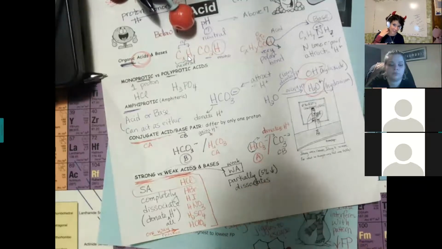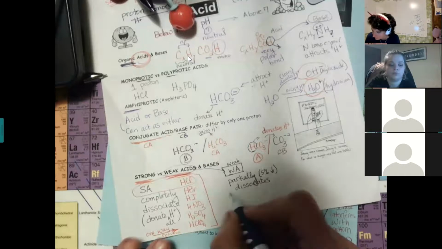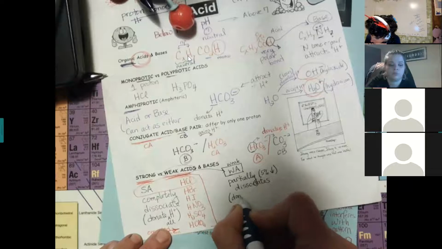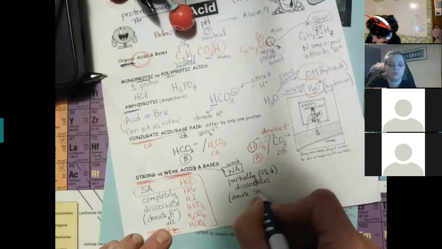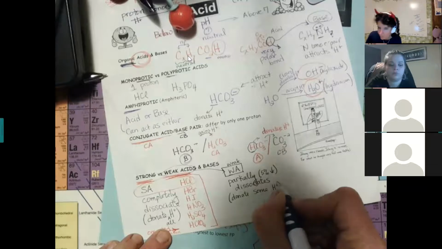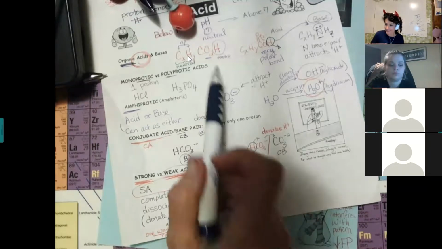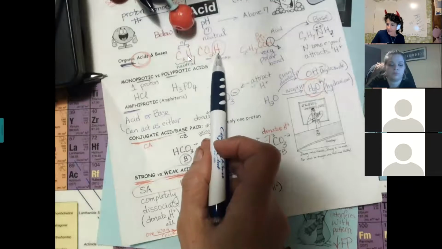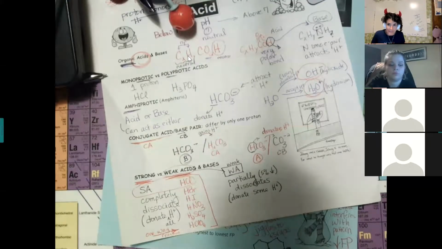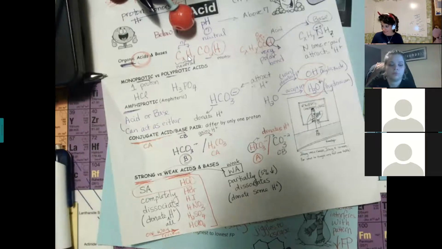These guys, really, it's usually less than 1%. They only partially dissociate. They only donate some hydrogens. They don't want to come apart. So like this guy up here, remember you're going to have Avogadro's number of this molecule, 6.022 times 10 to the 23, only some of them are going to give up the hydrogen, but not all of them. If you have any of these, they completely will come apart, and we'll see that.